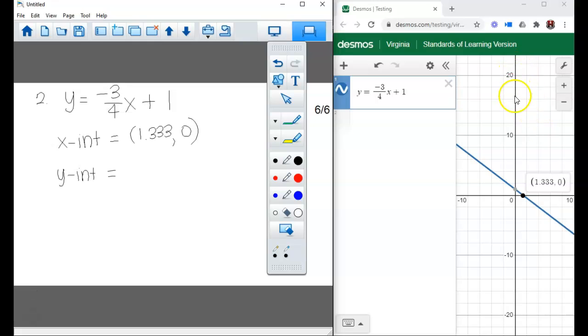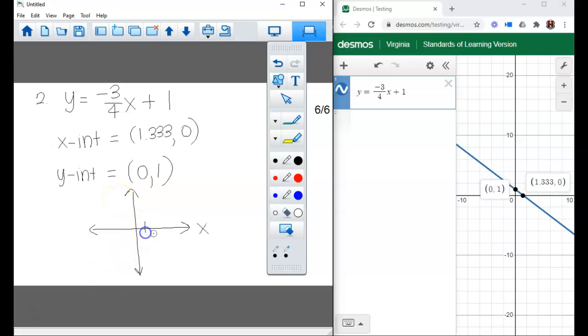All right, now for your y-intercept, your y-axis is the one running up and down. Find the point where your line is crossing that y-axis and click there. Notice this time we get 0, 1. So I have my x-intercept and my y-intercept, and now I'm ready to draw a sketch of this line on my paper. All right, so on my x-axis, notice that I'm between 1 and 2.